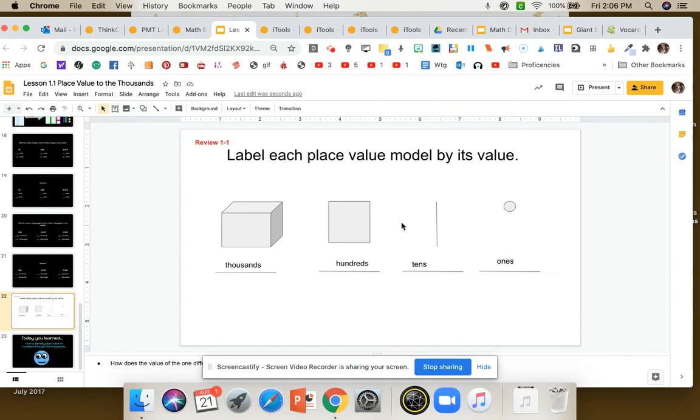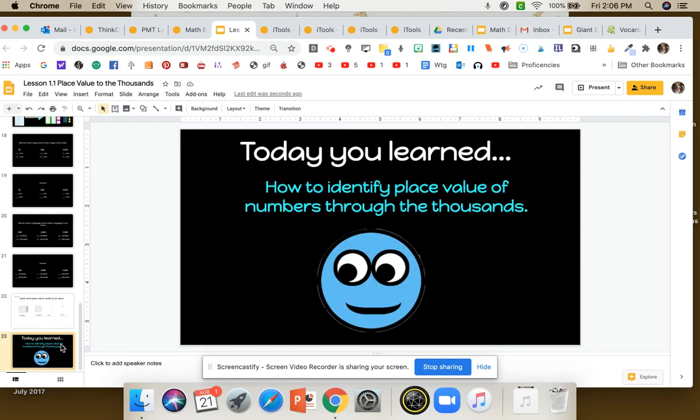The hundreds place is 10 times as big as the tens. The thousands place is 10 times as big as the 100s. All right, guys, today you learned how to identify place value of numbers through the thousands.